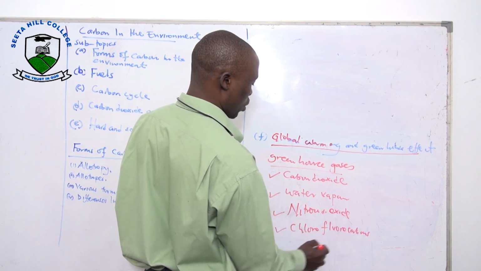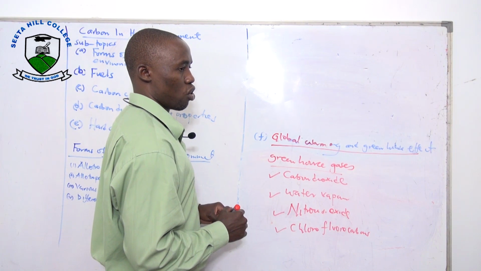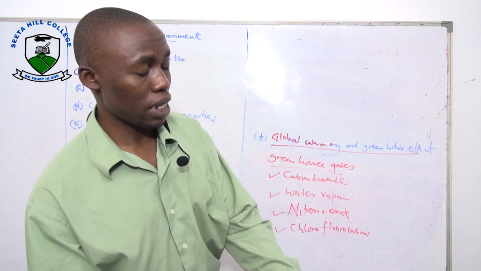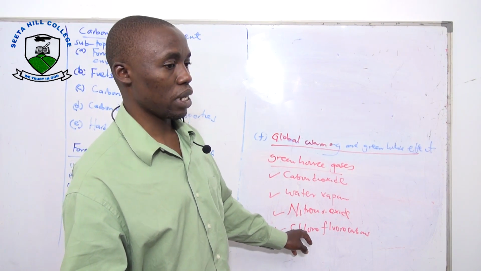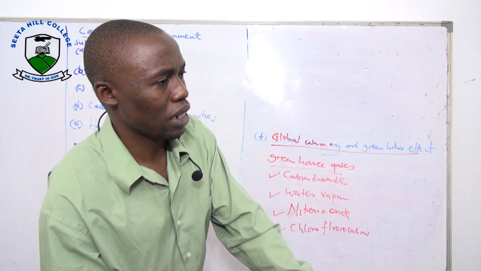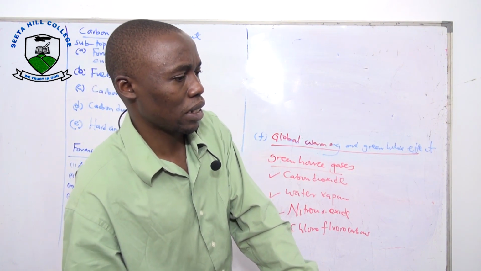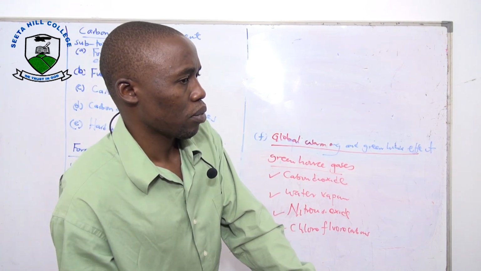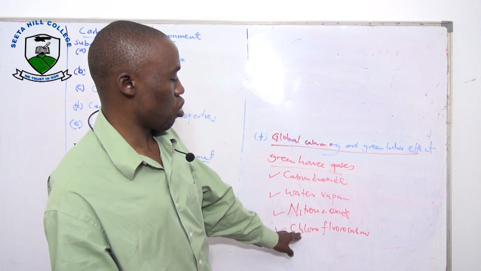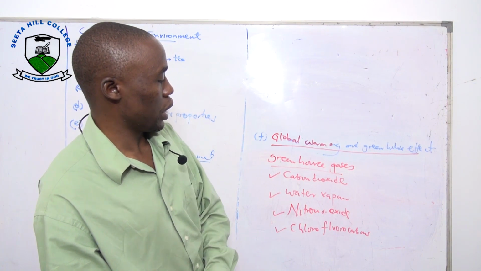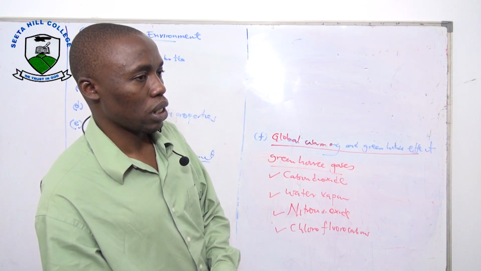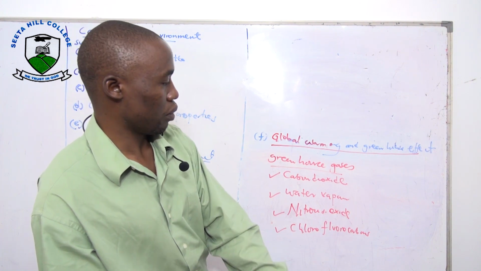fluorocarbons, compounds having chlorine and fluorine. Many plastics these days are made of chlorofluorocarbon elements. Therefore, burning plastics is very, very dangerous, because it contains chlorofluorocarbons, which are also being used as greenhouse gases.